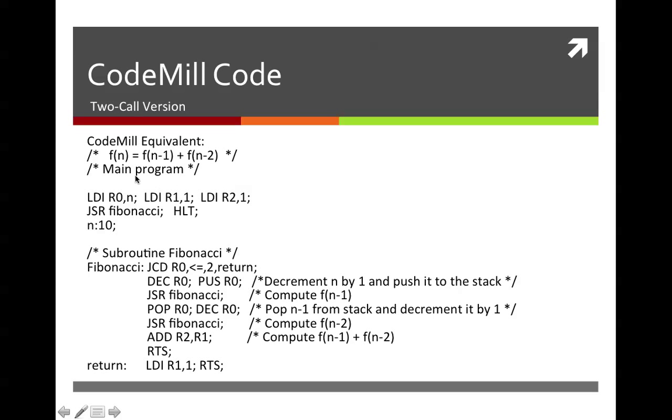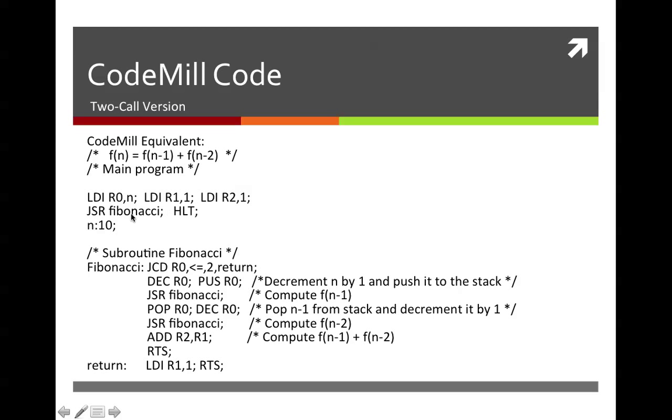And then the n itself becomes R0. And of course, R2 is where we would accumulate Fn, so R2 is also associated in a way with Fn. So you could think of R2 as really corresponding to Fn and Fn minus 1, whereas R1 is Fn minus 2.